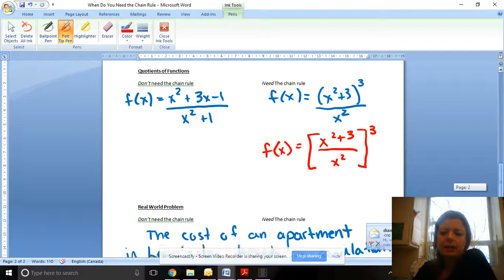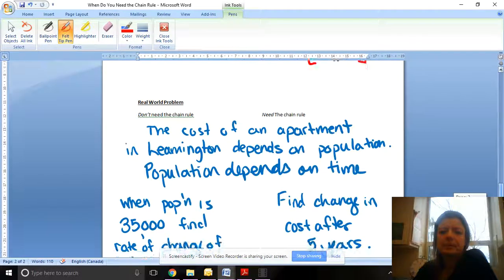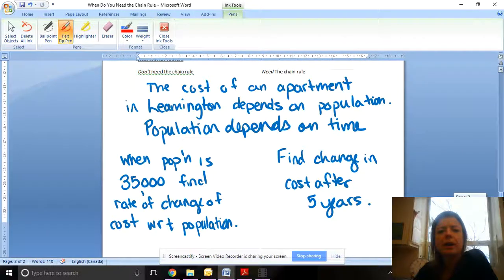Okay, and finally, in real world problems, let's say we have this example where we have the cost of an apartment in Leamington depends on the population, and then the population depends on the time. So you don't need the chain rule if I ask you what is the population, or when the population is 35,000, can you find the rate of change of the cost of an apartment with respect to the population?